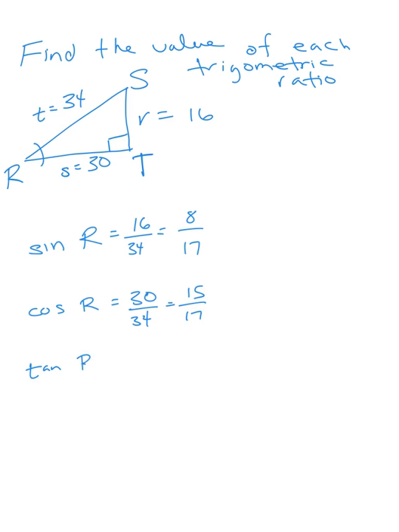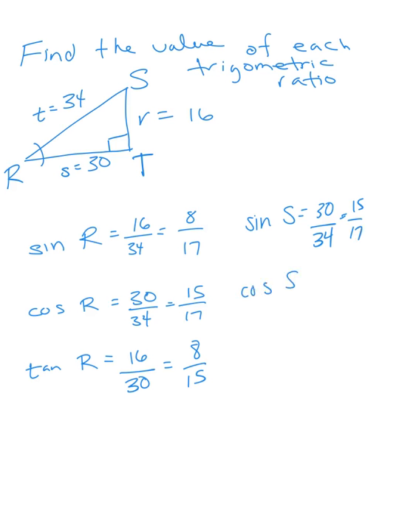Tan of r is the opposite over adjacent. That reduces to 8 over 15. Now if I wanted to find the sine of angle S, opposite over hypotenuse. That reduces to 15 over 17.